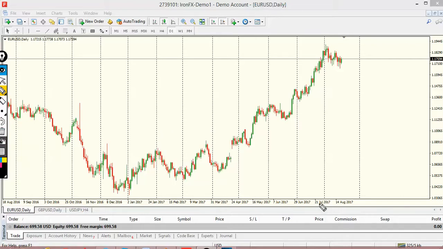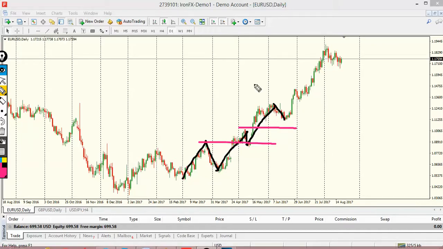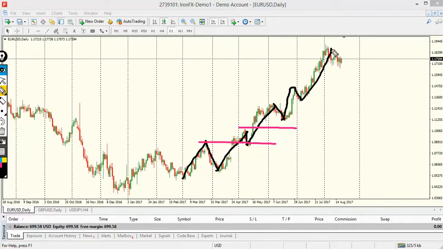Let me raise then. So you see that we went above this, came down from here, came down, went above it, and we came down. Okay, then you can see support and resistance. This one didn't come back down, but see that when we went above, it came down.